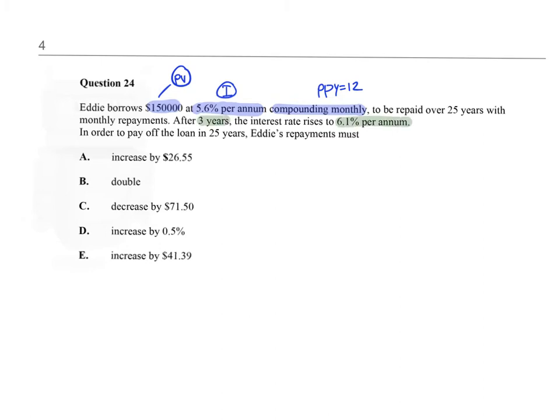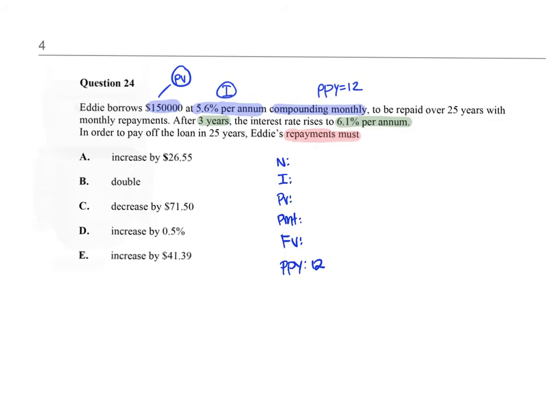scenario first. So let's go back to what we've originally got, and they want to know something about their repayments. So I need to get the original, what's his original repayments? Because if I write out everything that we need to do in Finance Solver, FV and PPY is 12. So I know that's 12.